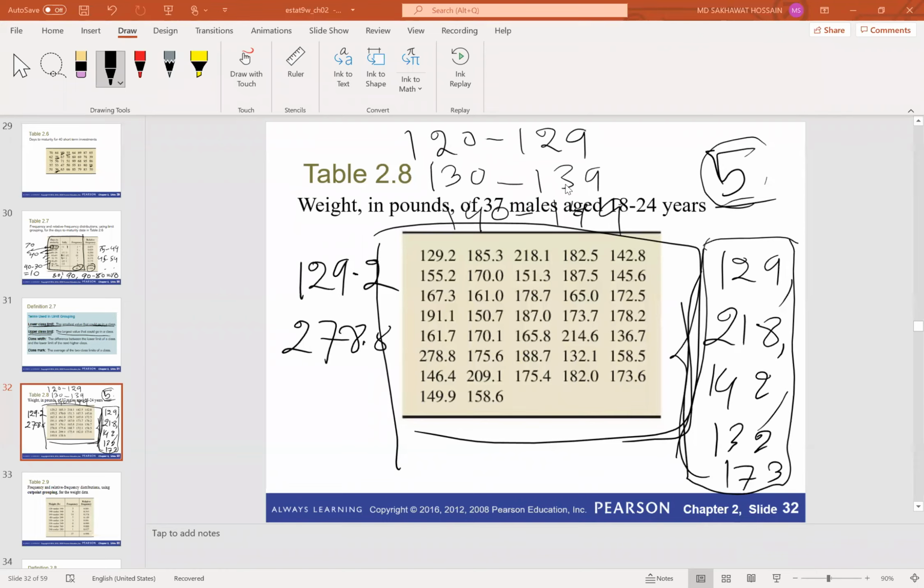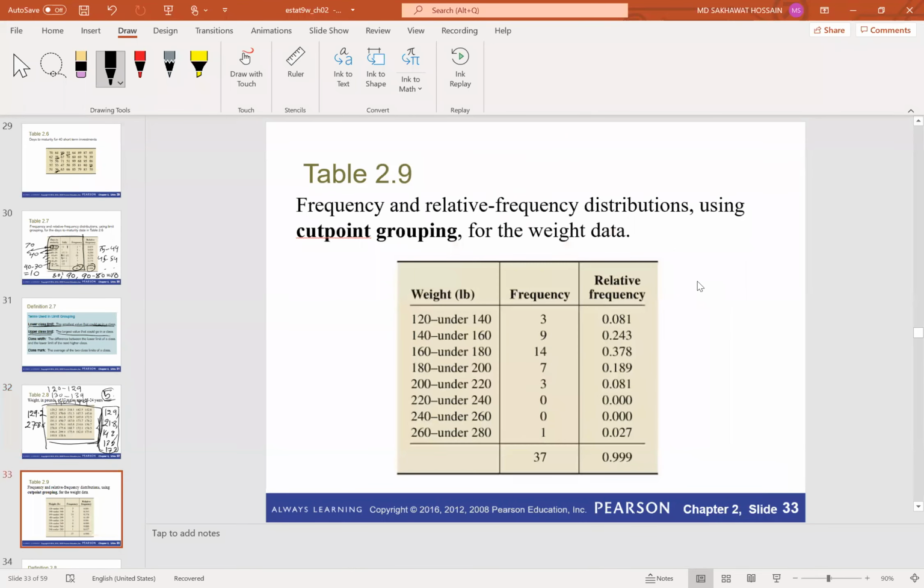That means we cannot use, for continuous data, the limit grouping that we used for discrete data. So we'll use limit grouping, but it is a different kind of limit grouping, which is called cut point grouping. Okay, so frequency and relative frequency distribution using cut point grouping.